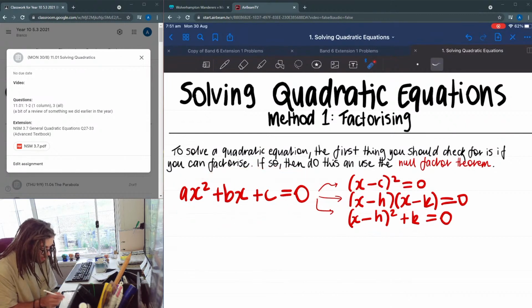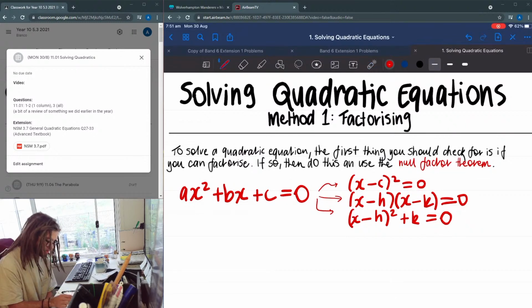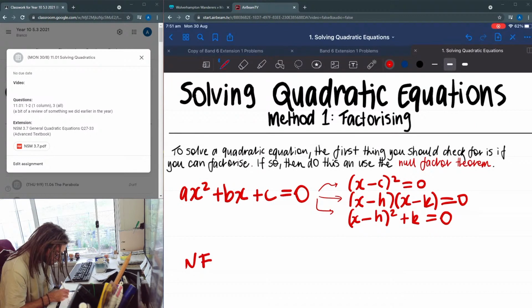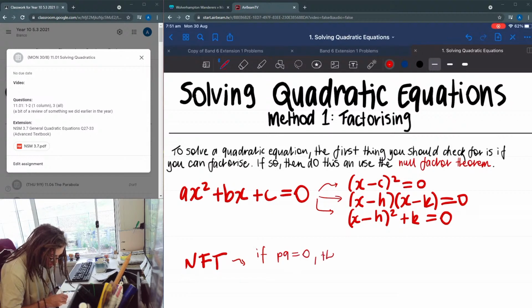Once I've done that, I put them equal to 0, which is what solving a quadratic equation is going to be like, and then I use the null factor theorem. The null factor theorem is: if I've got two things multiplied together and they equal 0, then either P has to equal 0 or Q has to equal 0.